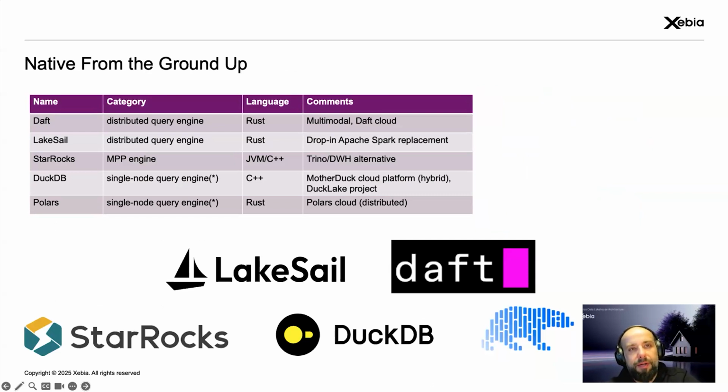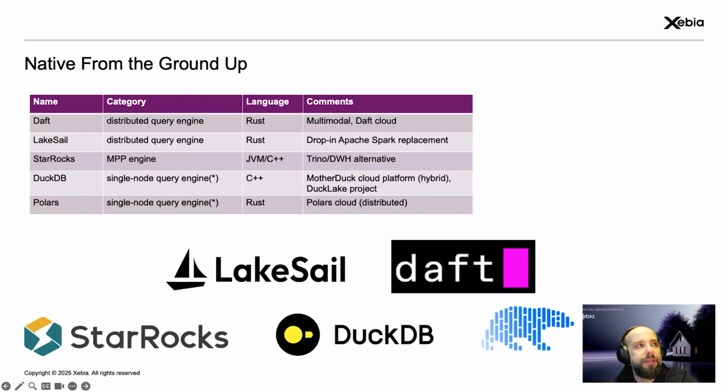But there is also a category of products that actually were built natively from the ground up. So there are no accelerators, but they are written from scratch in natively compiled languages such as Rust or Zig. And we got again a couple of such projects that some of them already got really good traction, like for example Polars or DuckDB.